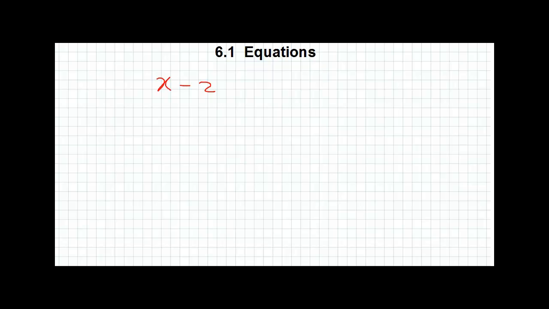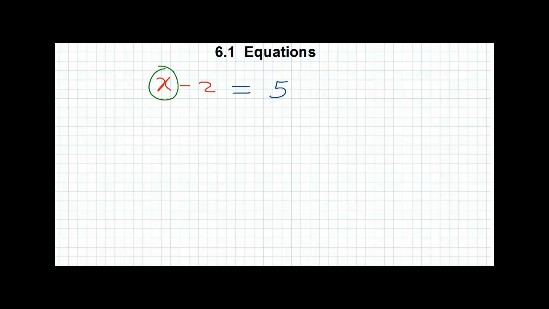But when we say that this expression is equal to a number or another expression, for example, now we have something called an equation, because we have an equality between two sides and we have something unknown in at least one of the sides, so we call it an equation.